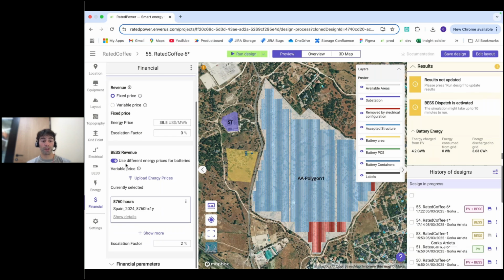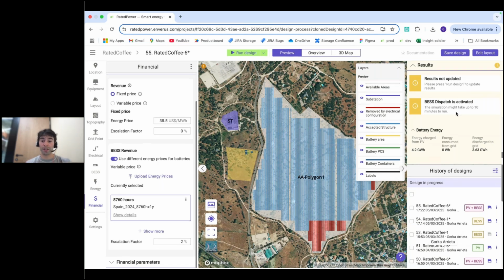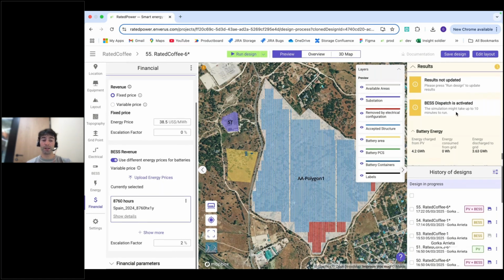So then you can define also different prices for the batteries, and this way you can start mixing different inputs with different scenarios and see the use case that best fits your needs, and then optimize and iterate over the different cycling, degradation, and scenarios. So this is everything that I wanted to show you, and now we can continue with the Q&A session.